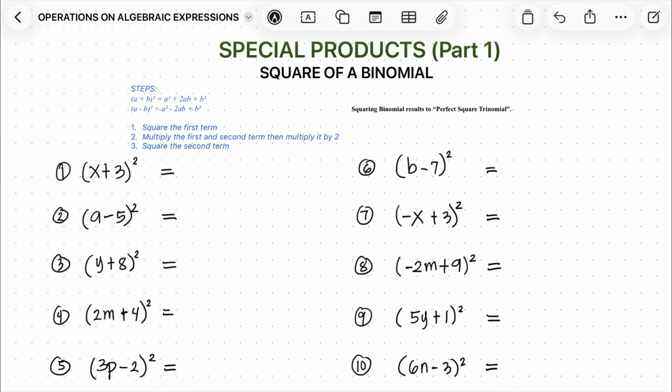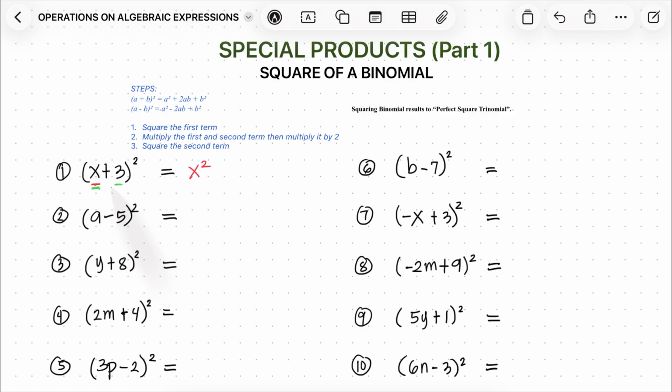For our first example, we have the quantity x plus 3 squared. The first term here is x, and the second term is 3. So the first step is to square the first term. That will be x times x, that is x squared. Next, multiply the first and second. So that will be x times 3, that is 3x.